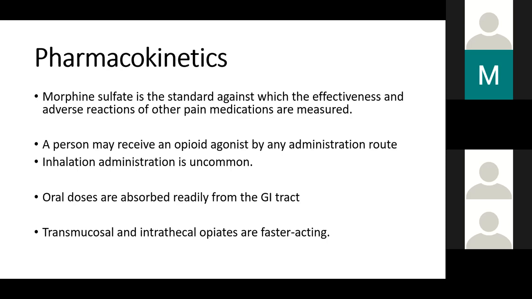So it can be given orally, it can be given subcutaneously, it can be given by IV route. The oral doses are readily absorbed from the GI tract. You can also even use transdermal patches. It can be given in the mucosa, and it can also be given intrathecally, meaning into the subarachnoid space, into the cerebrospinal fluid.